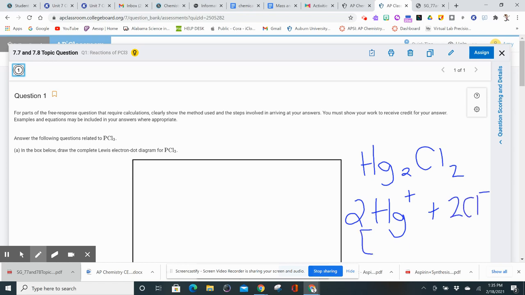So my concentration for each of those is going to be 2x squared and 2x squared, x being the concentration. I don't know what it is, but there are twice as many because you have 2 of them. So be aware of that. You've got to pay attention to those subscripts.